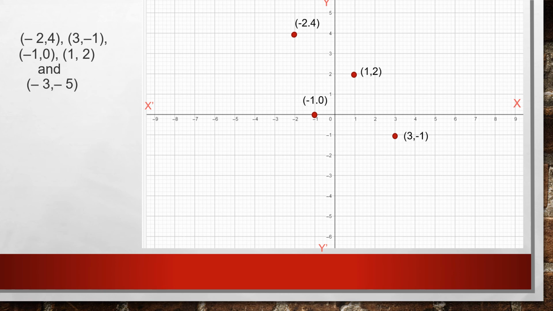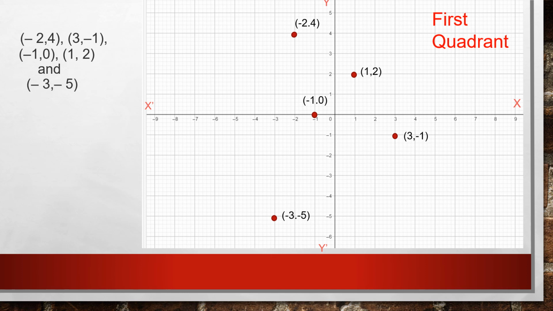Then minus 3 comma minus 5. Minus 3 on the x-axis and minus 5 on the y-axis. Both meet here. Now we are asked to write where these points lie. In the first quadrant we have 1 comma 2.